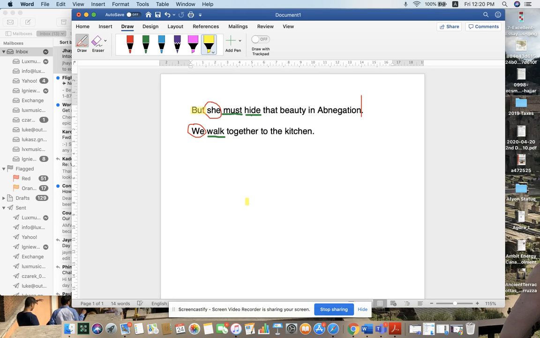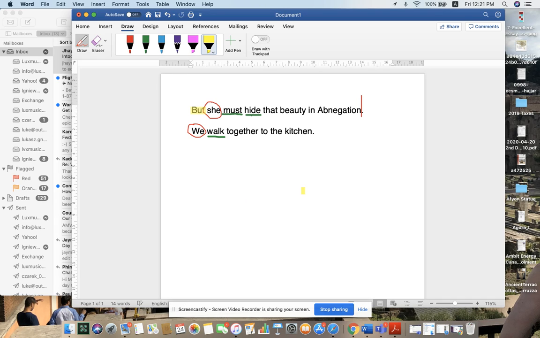But in this case, if you look back to our previous challenge, we just finished reading a character describing their mom and saying that the beauty has no place, or in another world, she could be beautiful. But that but is a way to pause and then all of a sudden, out of the blue, try to justify what she has said before. So, but she must hide that beauty is a perfect way to start your next sentence.